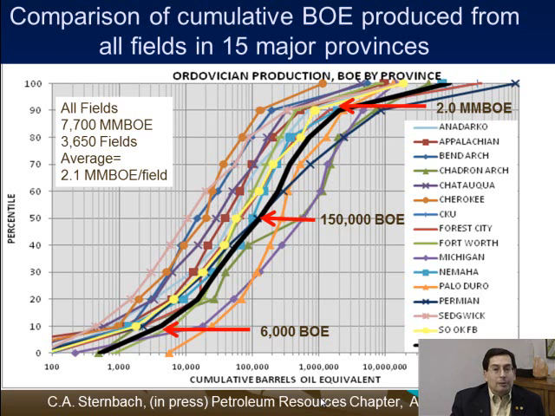But the reality is that there are some very large giants that dominate the production, and there are very many small fields. So the straight average does not work well in understanding these fields in aggregate, or as we look at any one of the individual basins, which are shown here by the various colored lines.